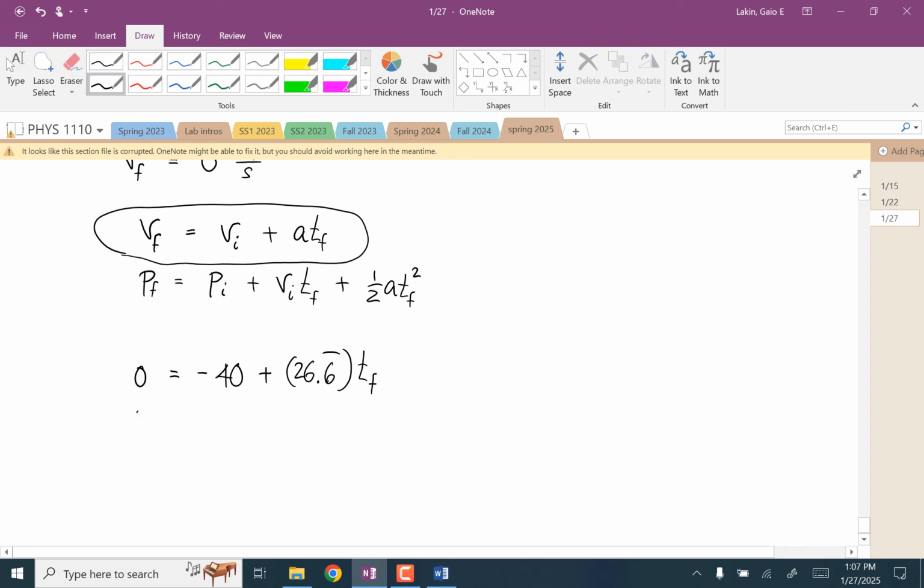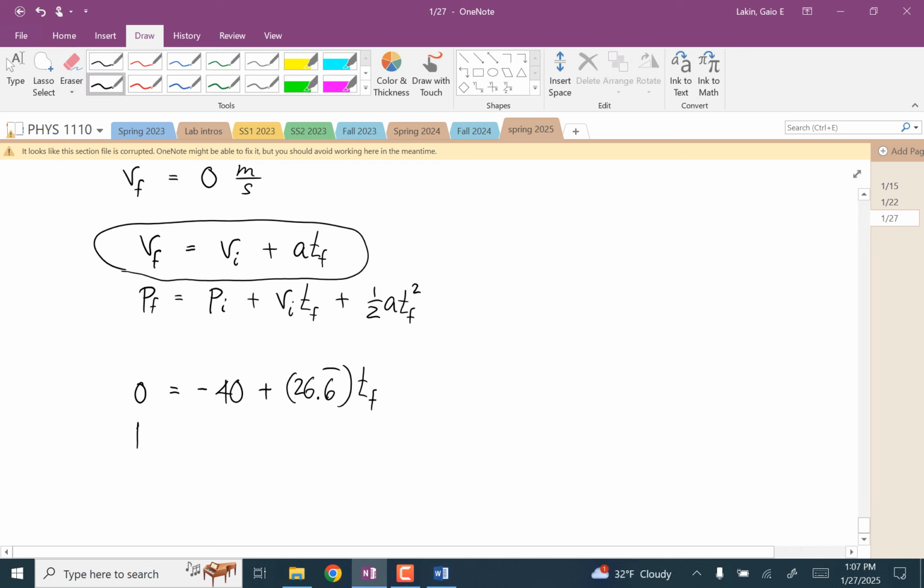And so add 40 to both sides. 40 is equal to 26.6 repeating times time final. Divide both sides by 26.6 repeating. And you get the time final is equal to 1.5 seconds.